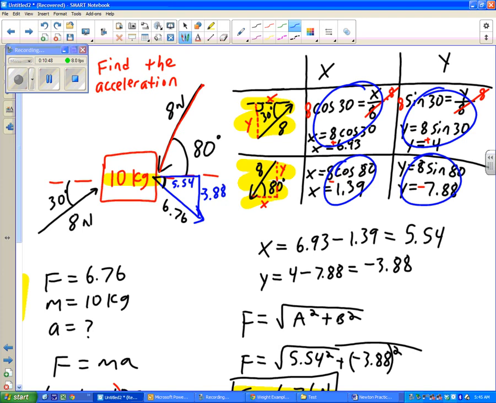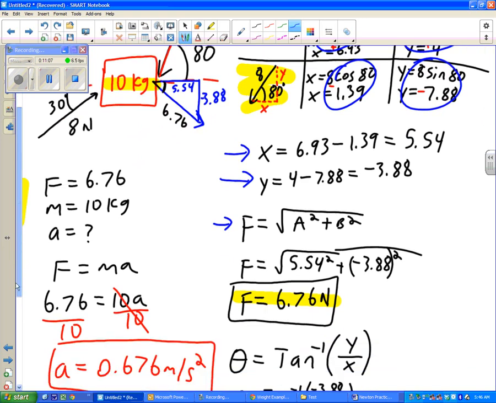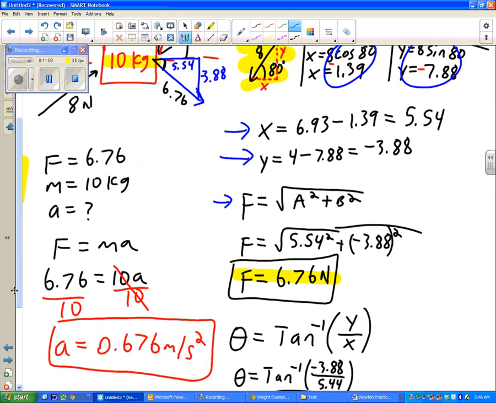And if it's going up, it's positive in the y direction. Down is negative in the y direction. Made sure my signs were correct. Then I added them together in this step right here. After I got those, I recombined them using the Pythagorean theorem to find the total force. I then found the angle using tangent. And then I came back over here to the left and I found the acceleration using Newton's second law.